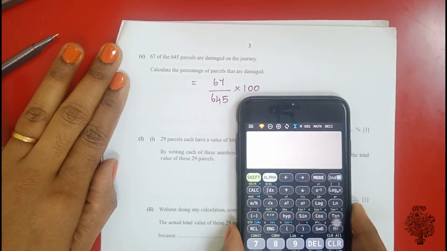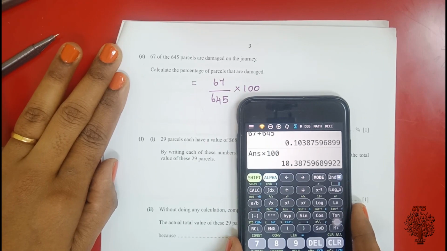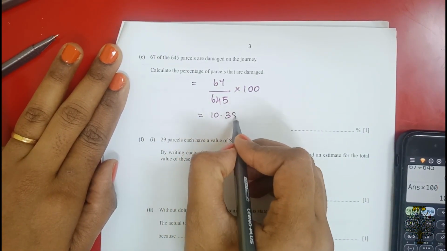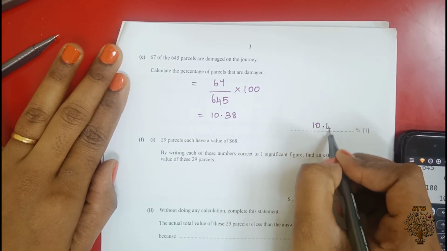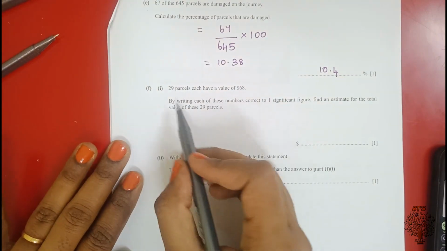Taking the calculator, 67 divided by 645 multiplied with 100 gives you 10.38. So the answer is 10.38, or I can say 10.4% of the total will be damaged.